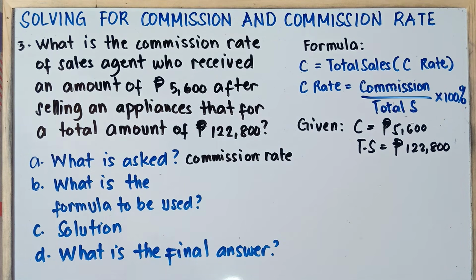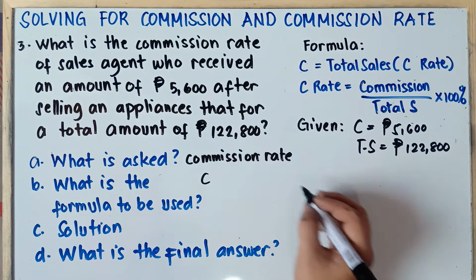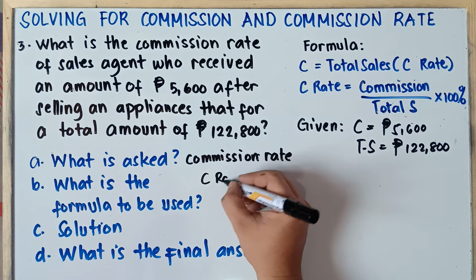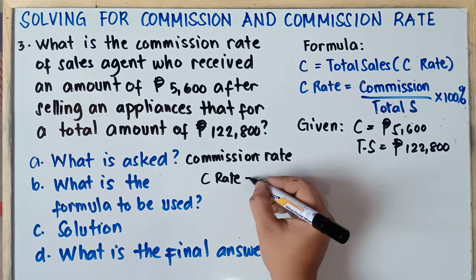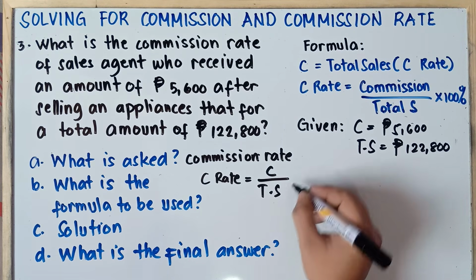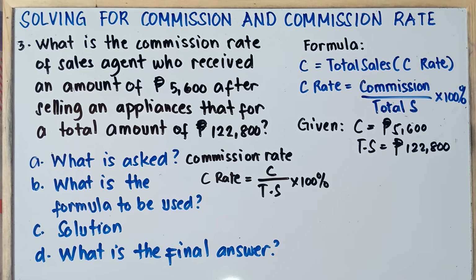And what is the formula to be used? We will be using the commission rate formula. Commission rate, I will just put CR, is equal to the commission divided by the total sales times 100%. Alright, and the solution.